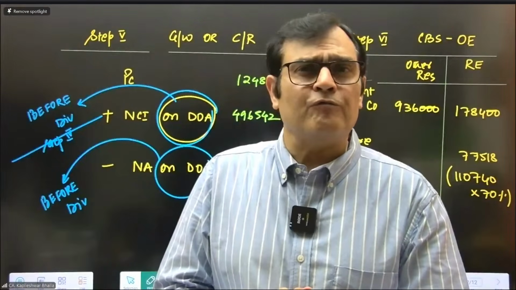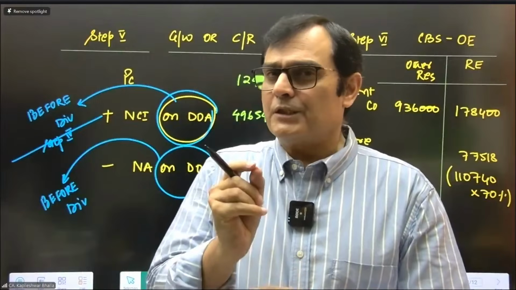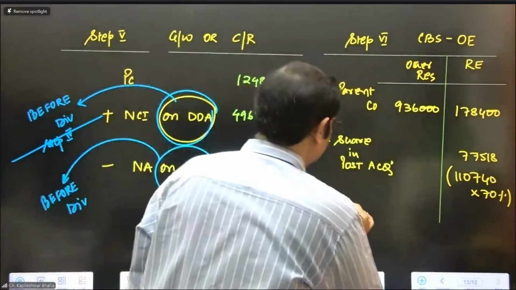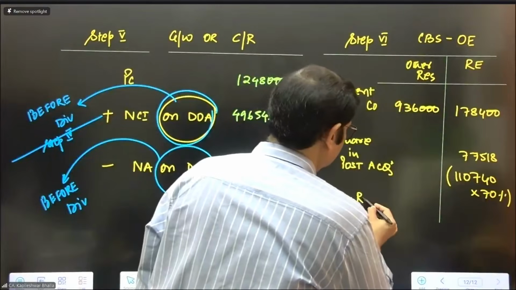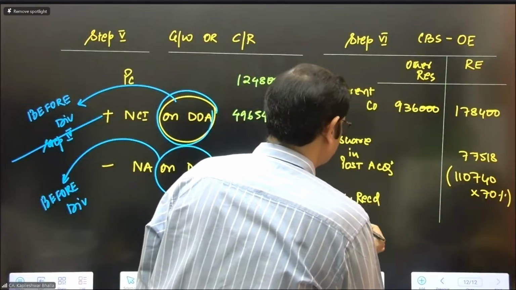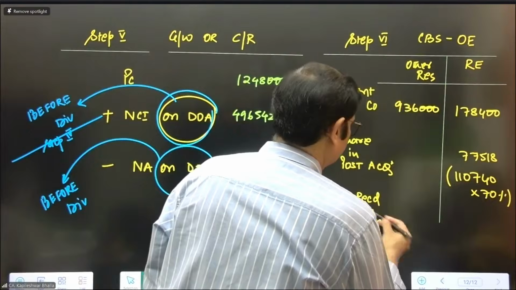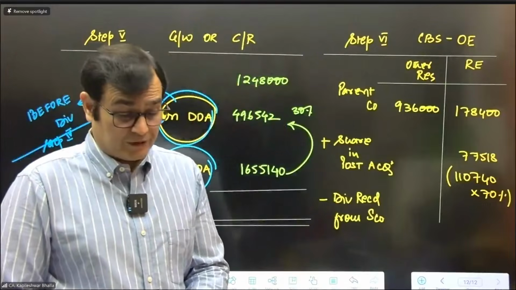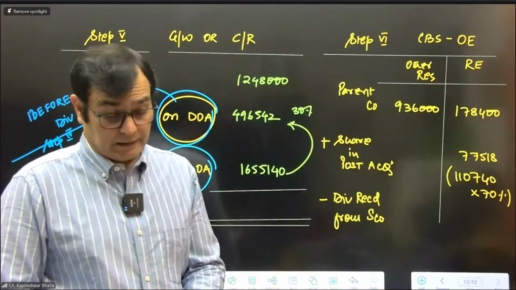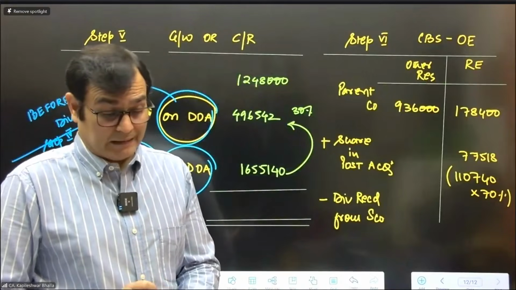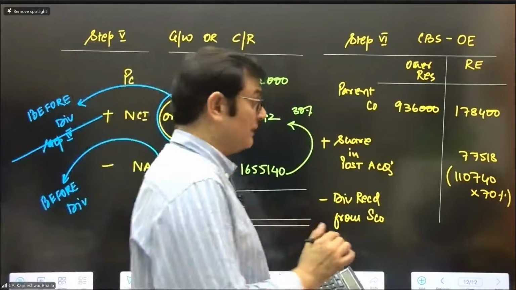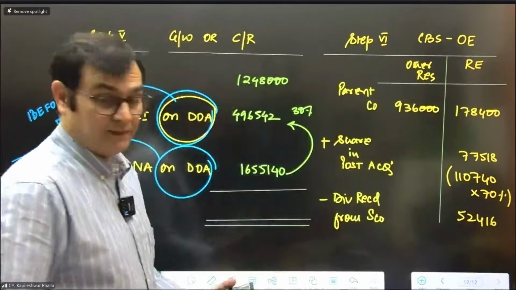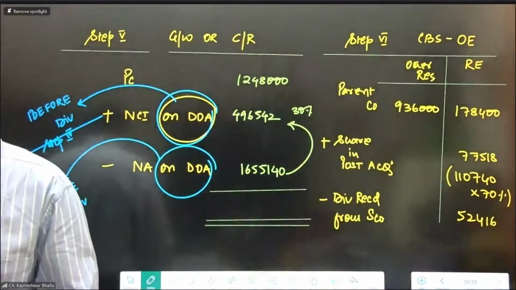But there is no income from the group point of view, so a reduction is required for the dividend received from the subsidiary. So 624,000, dividend was 12%, 70% belongs to the parent, that is 52,416. I think that takes care of the entire inputs.